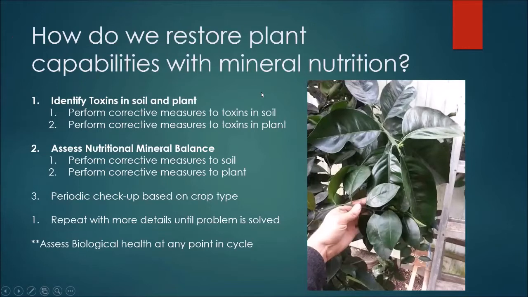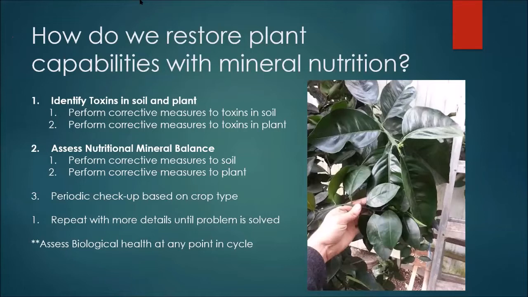So how do we restore plant capabilities with mineral nutrition? Looking at the plant on the right, this is a picture from a few years ago of what happens when you hit the bullseye with crop nutrition. The crop nutrition in this particular case was a combination of calcium and phosphorus applied to the root zone of a lemon tree.